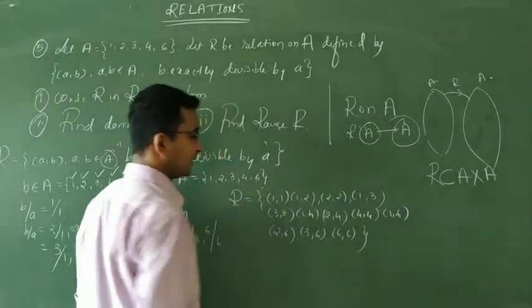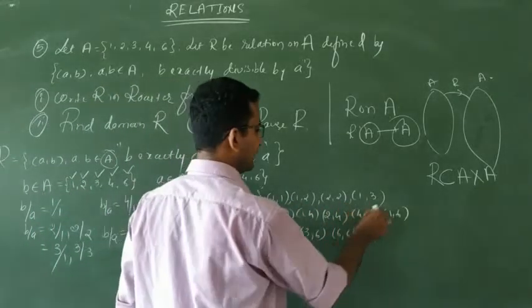So this is nothing but b is exactly divisible by a.